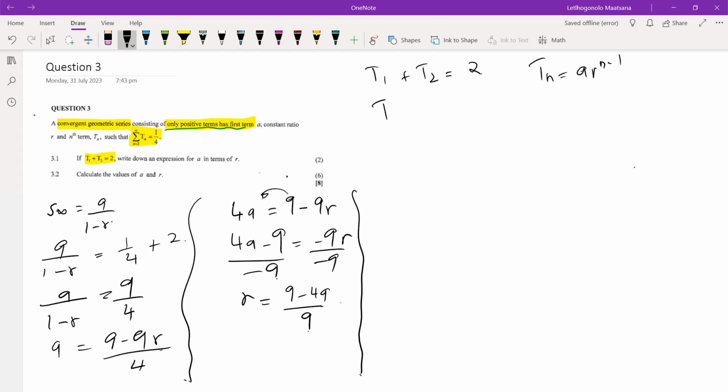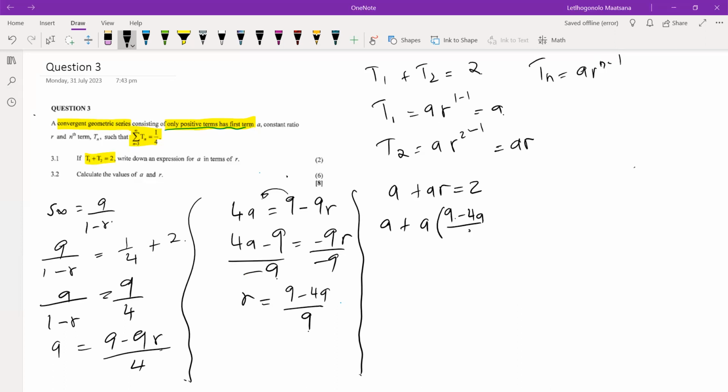Therefore, we can say that T1 should be equal to A, and T2 gives us AR. And we can have A plus AR is equal to 2. Then where R is, we're going to substitute in (9 − 4A) over 9.